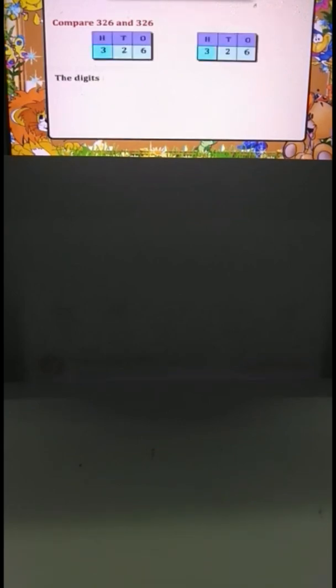The digits in the hundreds place, tens place and the ones place, that is units place, are all the same. So, 326 is equal to 326.